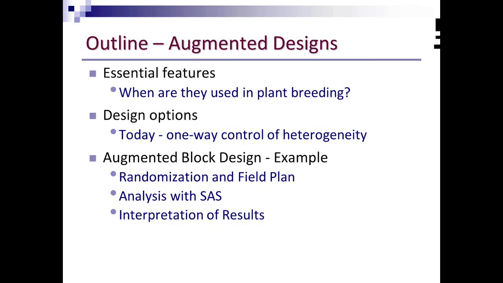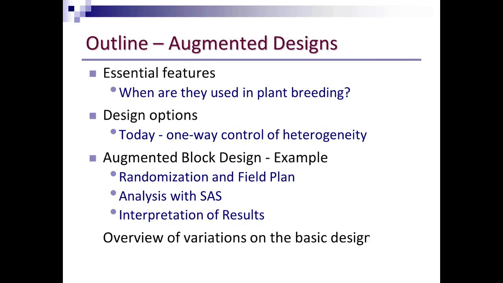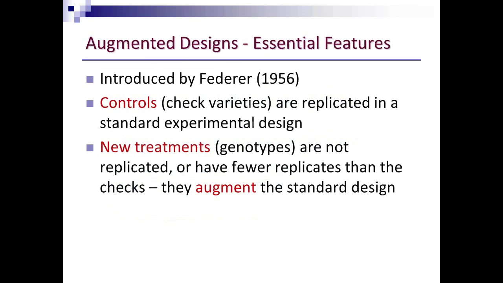I'll give a specific example from my breeding program. We'll talk about how to do the randomization and field plan, how to analyze the data with SAS, and how to interpret results. We'll also give a brief overview of variations on the basic design that you may hear about in future webinars. And finally, we'll talk about some software that's available and further references.